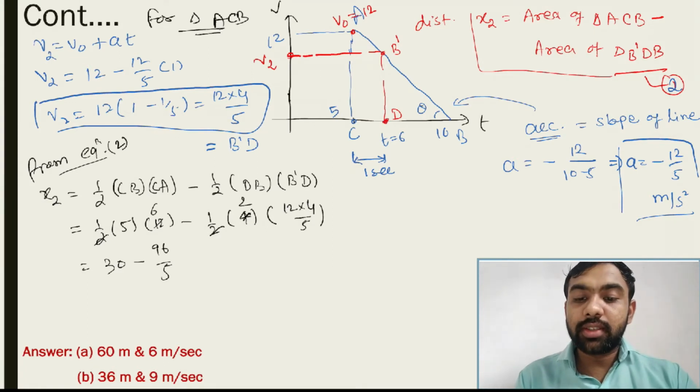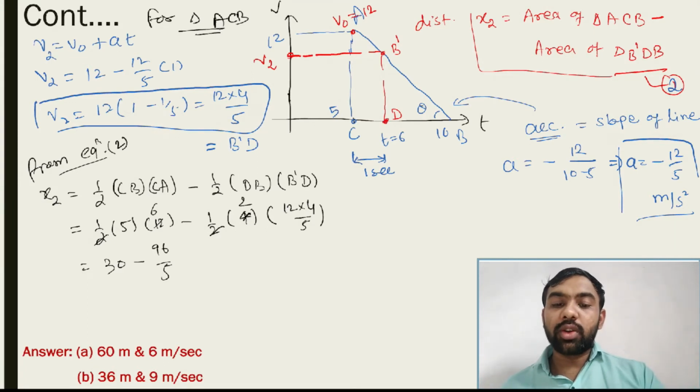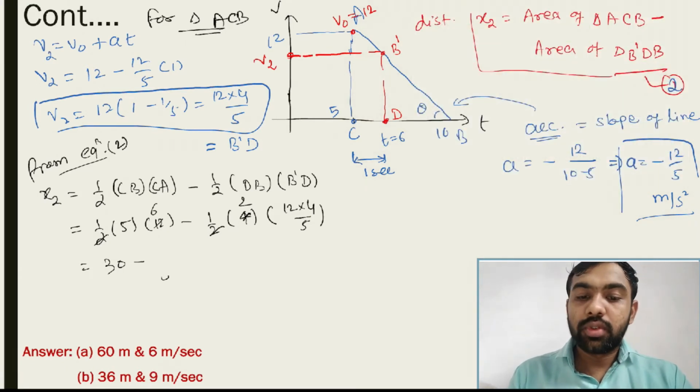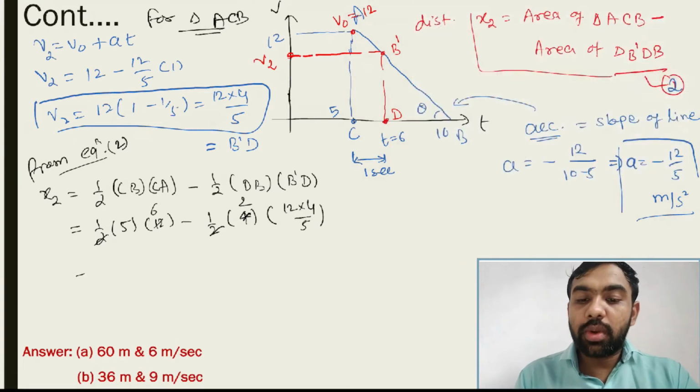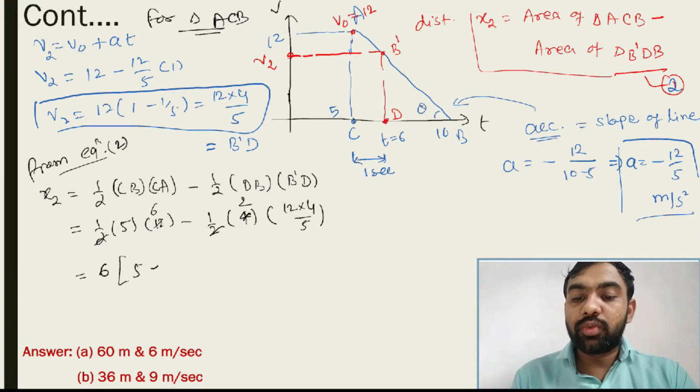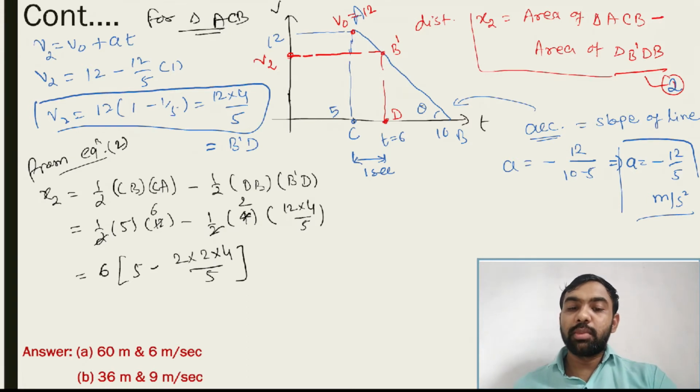Now simplify this relation. If anything is common, take it out. What is common in both of them? 6 is common. 5 minus, taking 6 out from here, how much is left? 12 divided by 6 is 2, so 2 into 4 upon 5, with 6 taken common for simplicity.